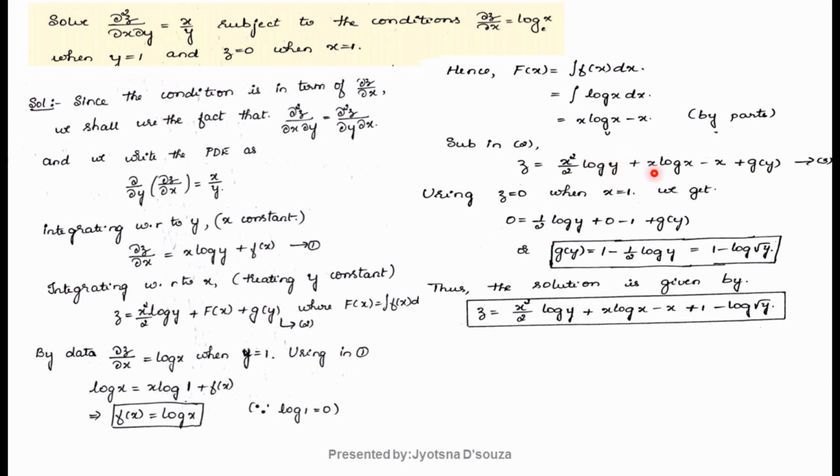I am getting g(y) = 1 minus (1/2) log y, or it is the same as 1 minus log of root y. Thus the solution will become z = (x²/2) log y + x log x − x + 1 − log √y. That is just to substitute the value of capital F(x) and the value of g(y) in equation 3. You get the solution of the given partial differential equation.